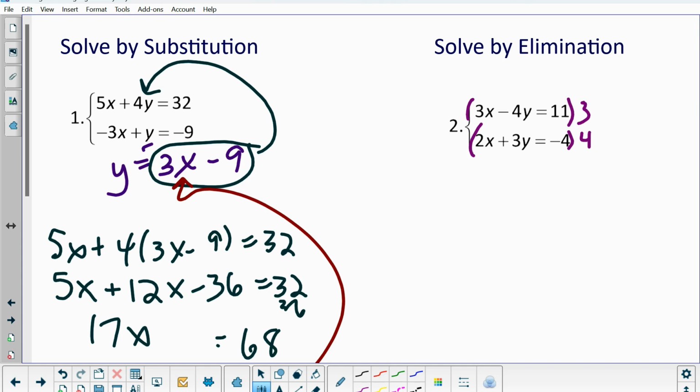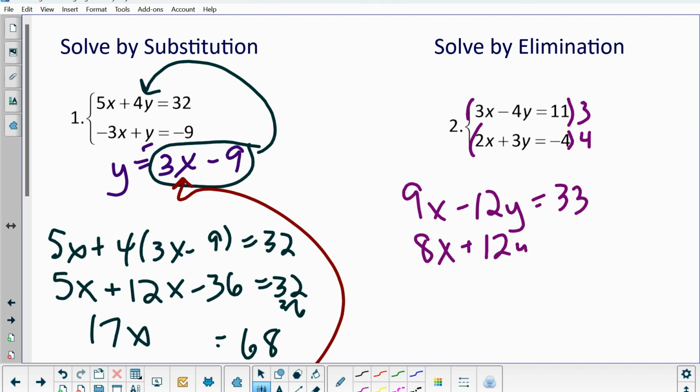All right, so I distribute the first one. 3 times 3x is 9x. 3 times negative 4 is negative 12y, and 3 times 11 is 33. And then the second equation is 2 times 4 is 8x, 3 times 4 is 12y, 4 times negative 4 is negative 16.